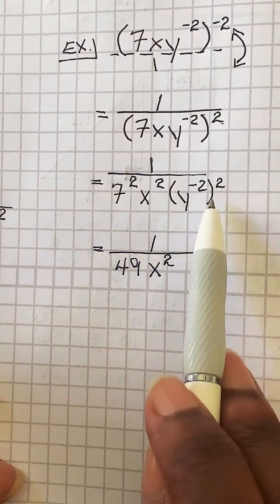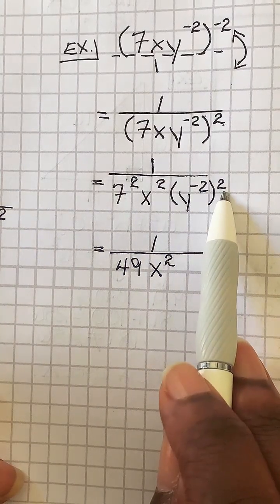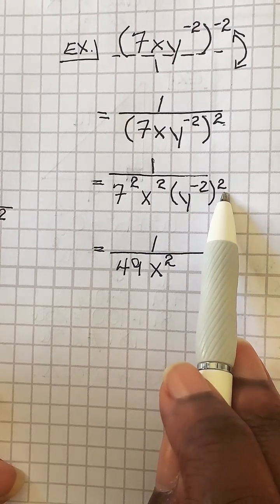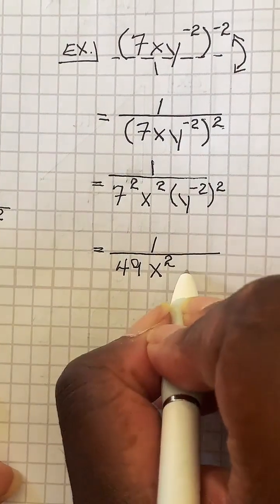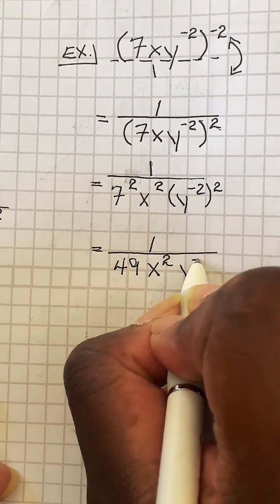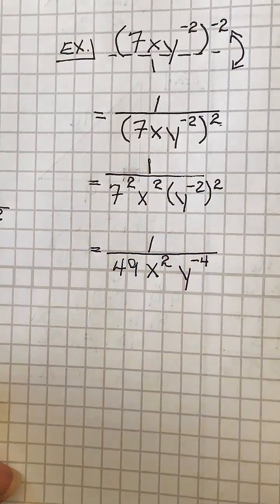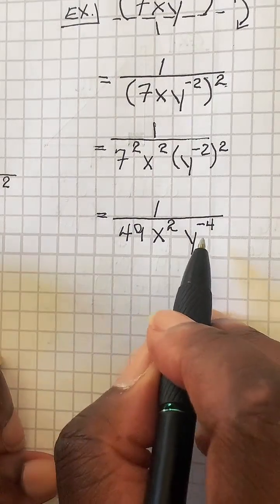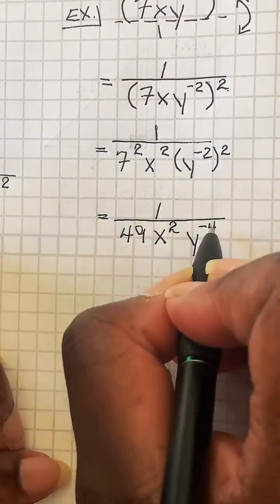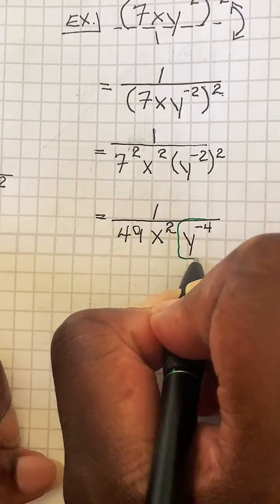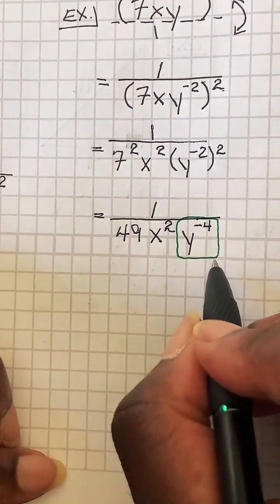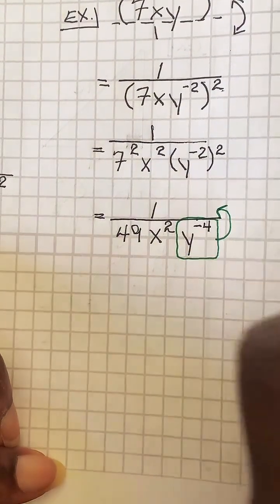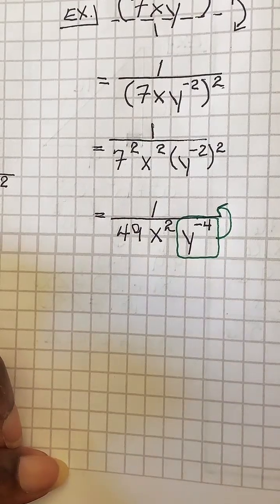Now here we have a negative 2 being raised to the second. So when you have an exponent being raised with an exponent, you multiply the exponents. So that would give you y to the negative fourth power. But we cannot have a negative exponent in our denominator, or just in our problem. So this needs to be pushed to the numerator so we can get a positive exponent.